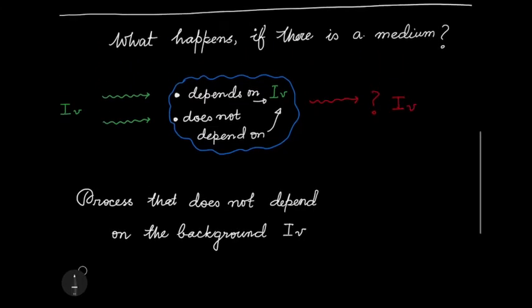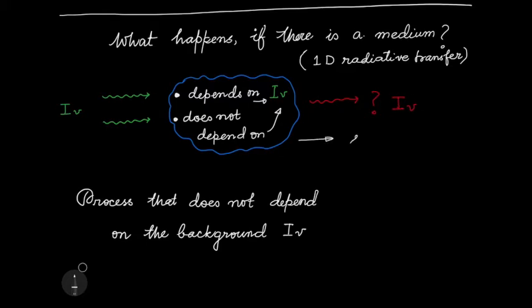Okay. Now today onwards, whenever we talk of radiative transfer, we'll only think of one dimensional radiative transfer. So this is 1D radiative transfer, which means that I will only ask the question when the change is along one direction. Change of intensity is along one direction.